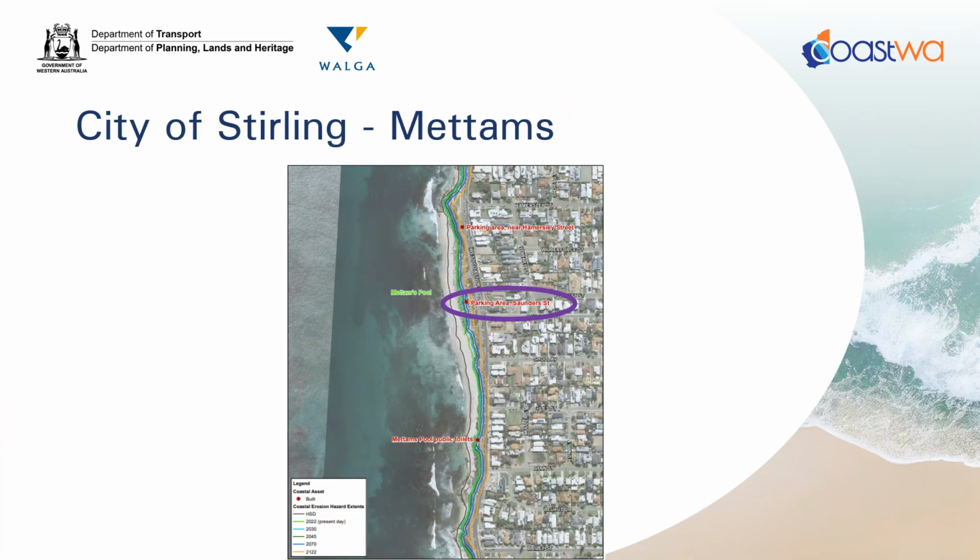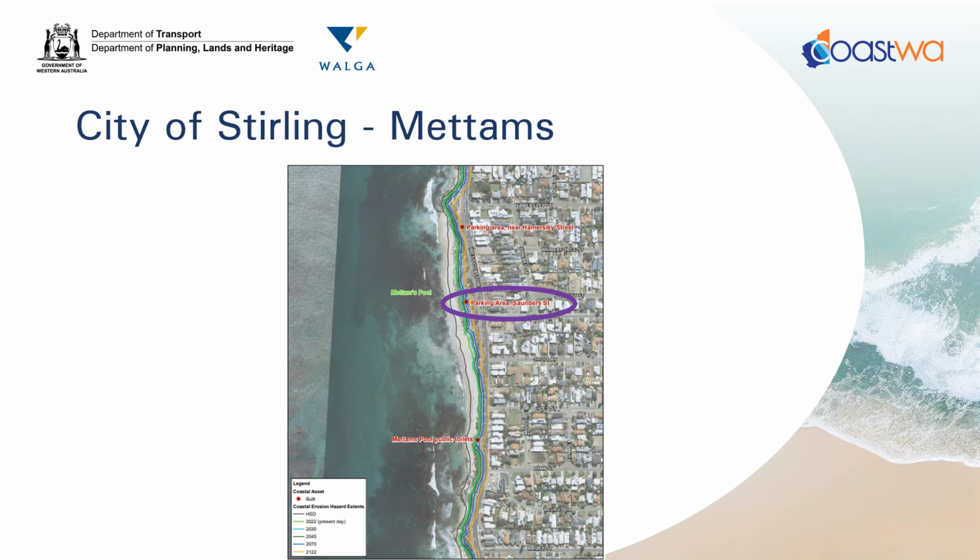The next example to talk through is just from the city of Stirling and Medham. So this is an example of an assessment that was completed by Stantec. So what we're looking at here, rather than going through all the various different assets, we're just going to look at the parking areas at Saunders Street.